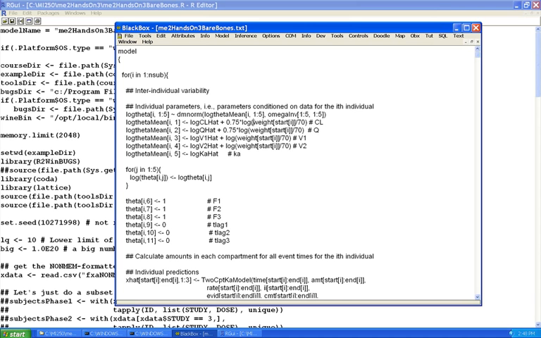So what I would do is take the weight that corresponds to the first data item or the first event for subject I, and I can get that by taking the body weight at index start I. So I'm using that same index that we've been using before to indicate the beginning of that individual's data.